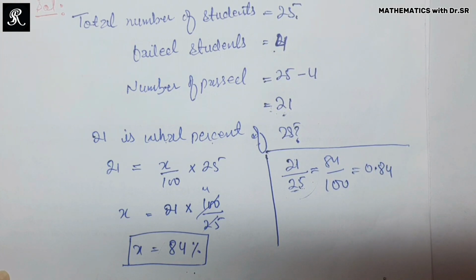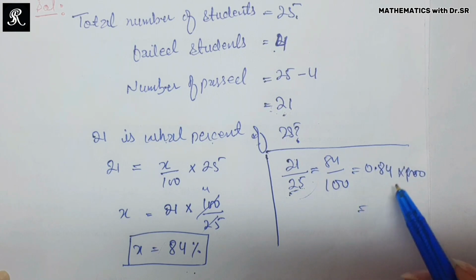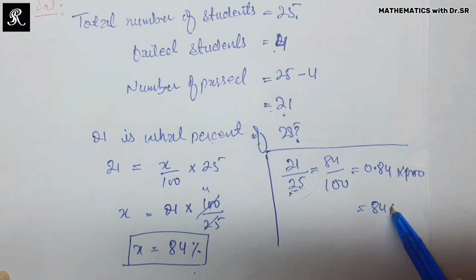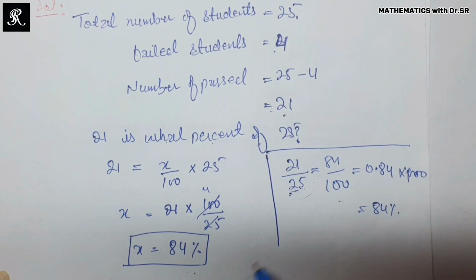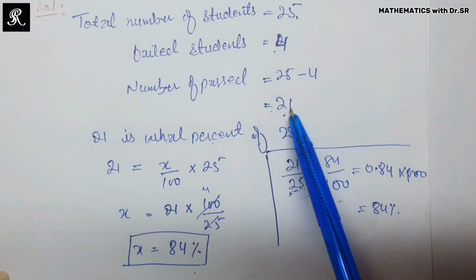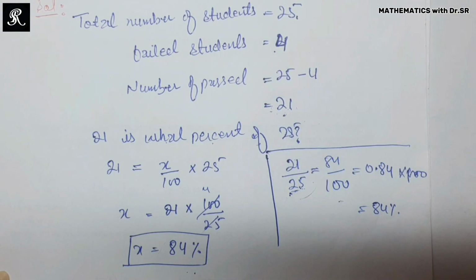And now to convert this fraction, first we will convert into the decimal and then we will multiply by 100. So we will get that in percent form, that would be 84%. We can choose either way in order to find the percentage of the total number of passed students.